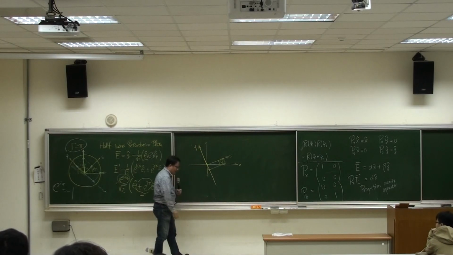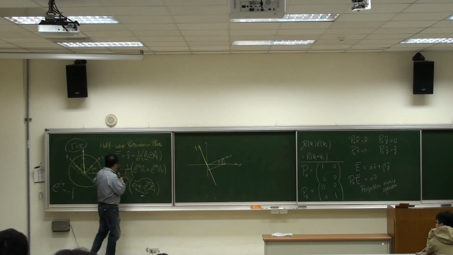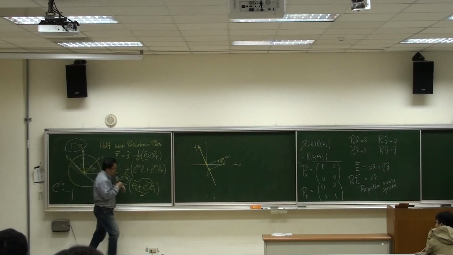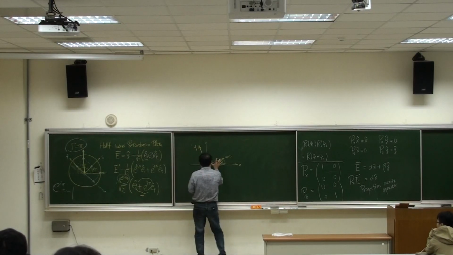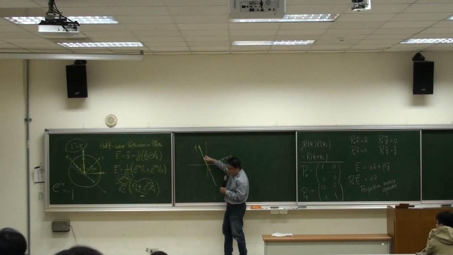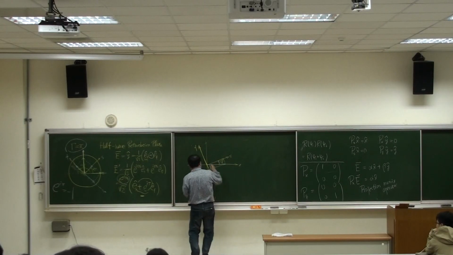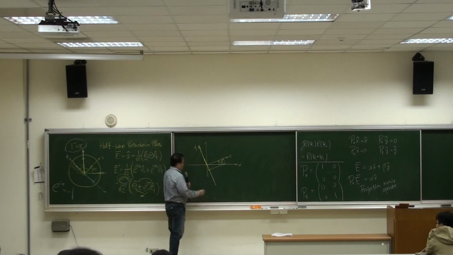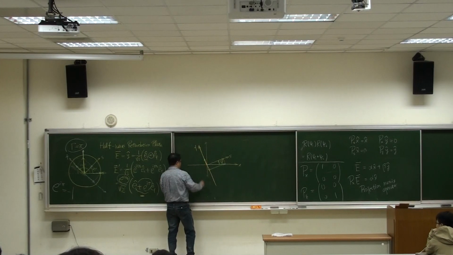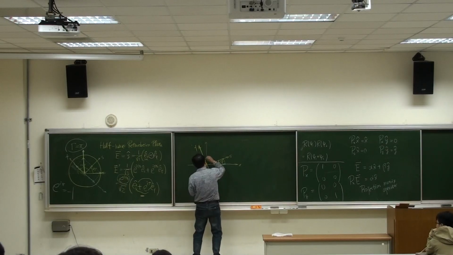Then if the wave plate is a half-wave plate, we can keep this component unaltered and change the sign of the other component. So we change the sign of the second component to get this.